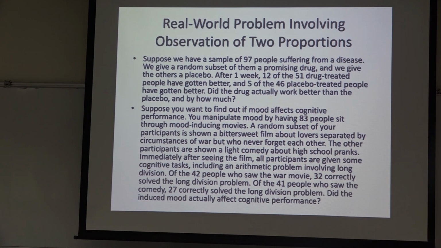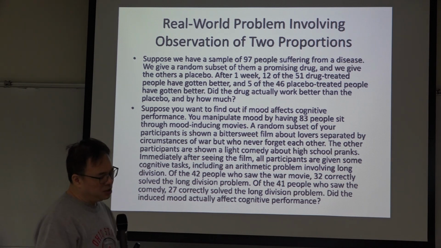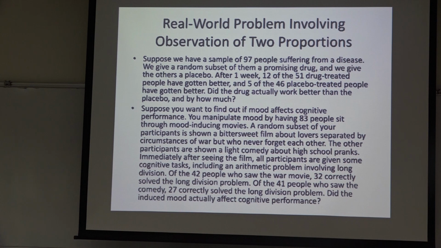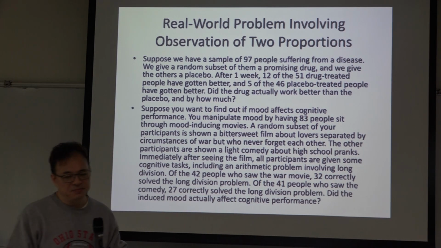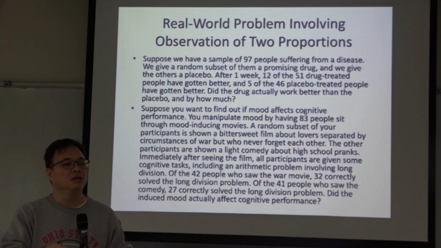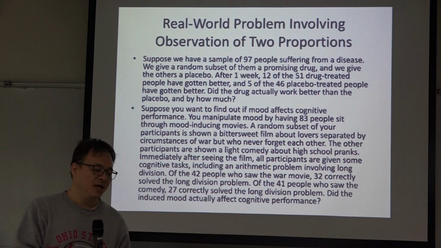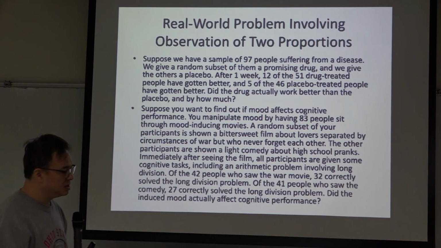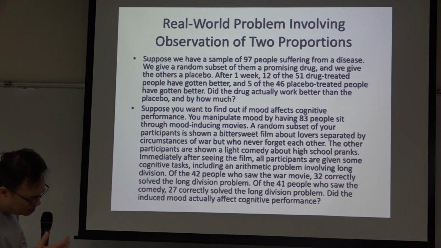For each patient in this second group, again, it's considered a coin flip. If this patient gets better, we consider the coin flip resulted in head. If the patient doesn't get better, the coin flip resulted in tail.